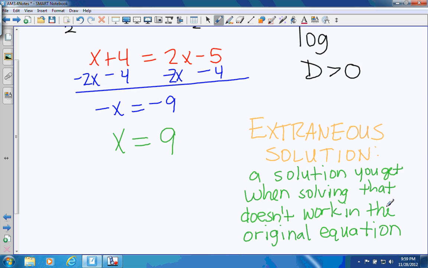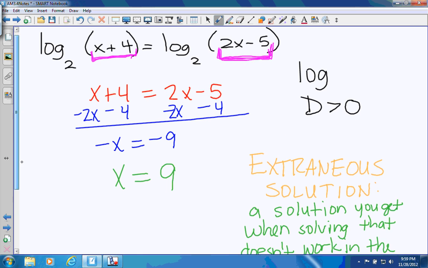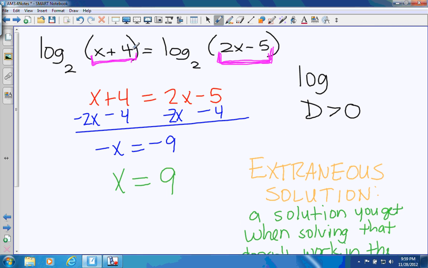So if this happened to be an extraneous solution, we would cross it out, and then there would be no solution that would work for this particular equation. Like I said, this one does, so we don't have to worry about it. But you do need to make sure you check to see if it's going to be an extraneous solution by substituting into every place where the variable is and see if you get something that is greater than 0.